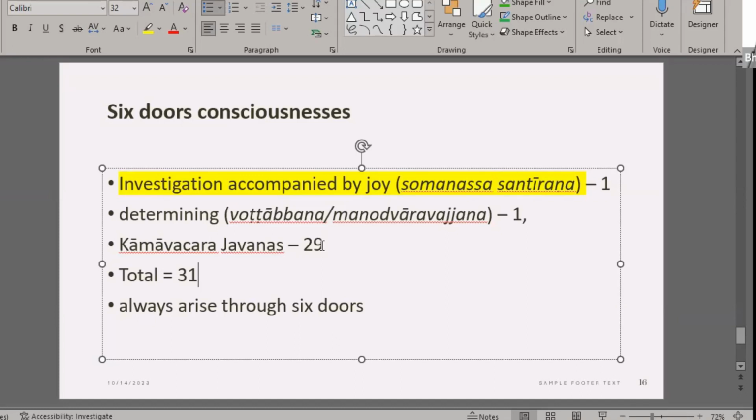Manodvaravajjana Chitta has 2 functions. Can you remember in the section on functions? Votthapana and Avajjana, the determining function and the adverting function. It performs the determining function in the 5 doors, and the mind adverting function in the mind door. Therefore we can get Manodvaravajjana in 6 doors.